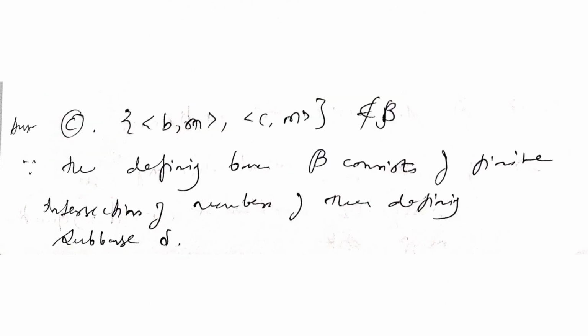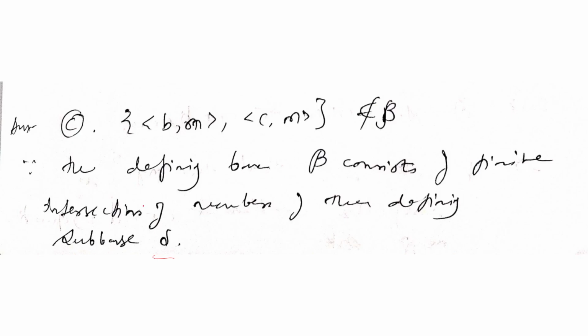So the correct option will be C. That is, BM comma CM does not belong to the basis. Why? Because the defining base B consists of finite intersections of members of the defining subbase S. So what will be the elements of base B?